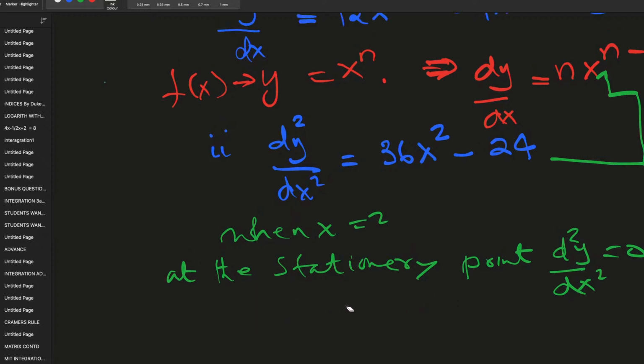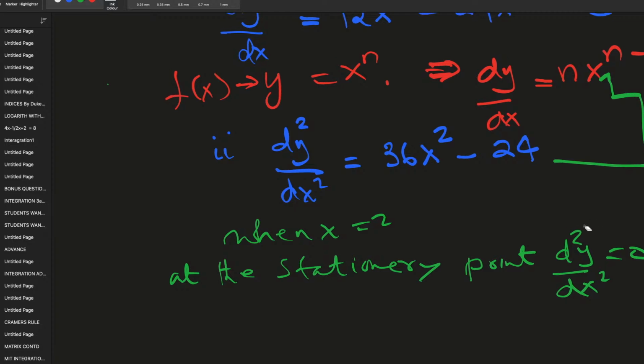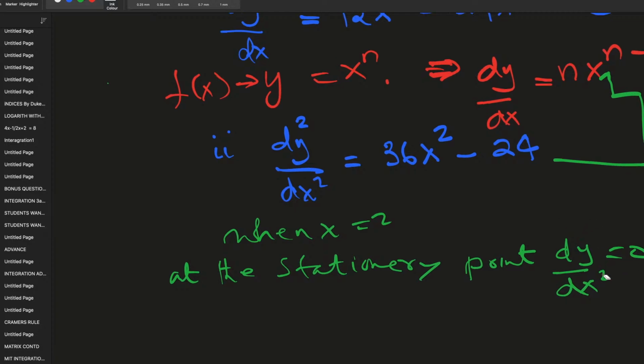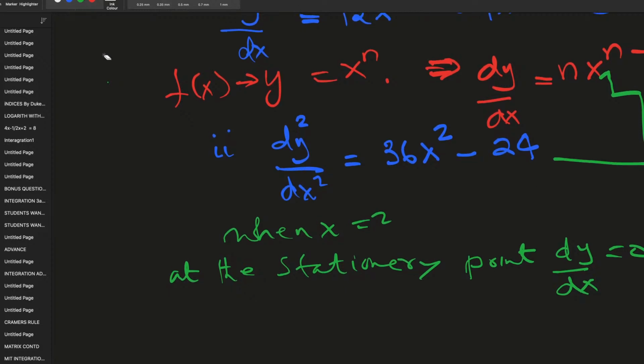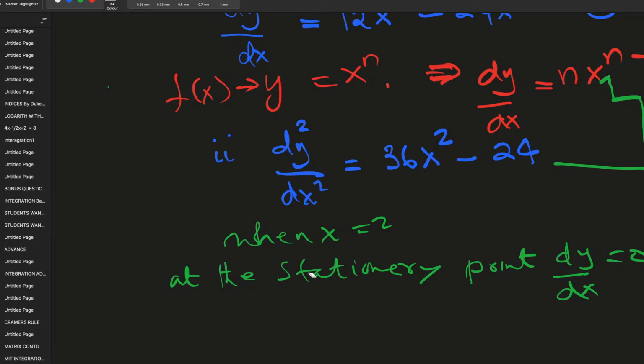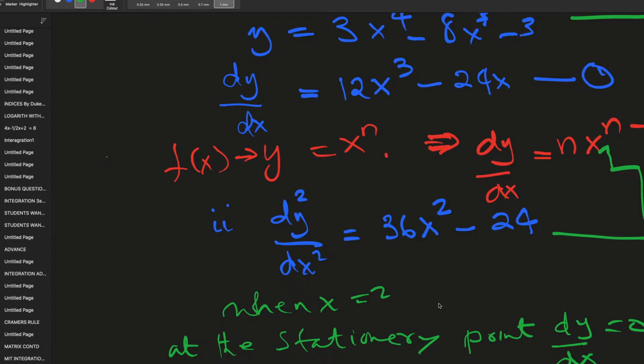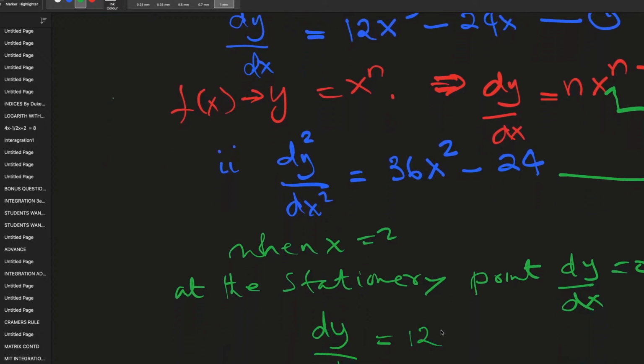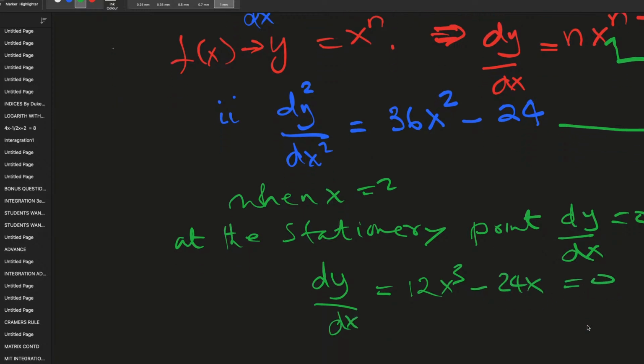Okay, so that means the first derivative dy/dx is equal to 0. So at the turning point dy/dx must be equal to 0. And our first derivative was 12x cubed minus 24x equals 0.